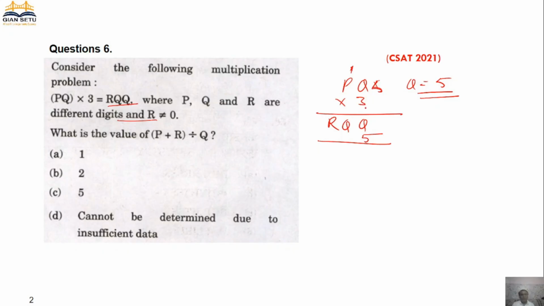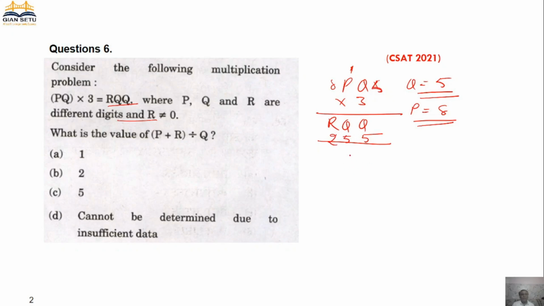Now if we multiply 3 with P and add this carry, we should get 5 here. Now the possible value of P will be 8. Only then we will have 5 here. If we multiply 3 by 8, we get 24, plus 1 carry, we get 5 here, and we get 2 here.